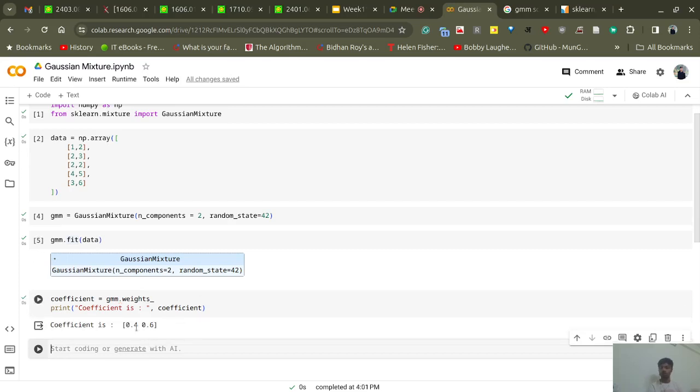So the coefficients are 0.4 and 0.6. This is how you find the coefficient of the GMM.